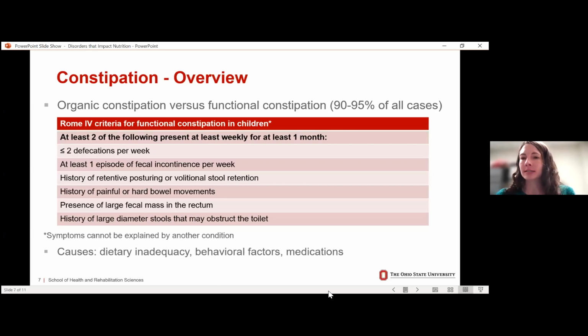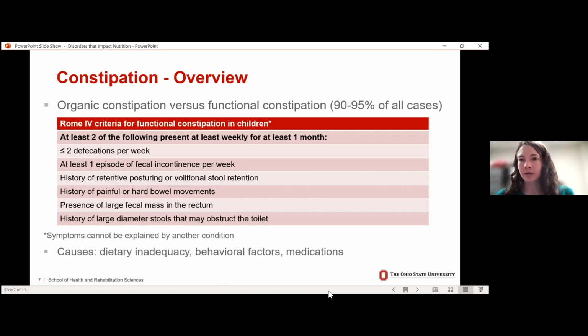A lot of the causes that have been associated with functional constipation include dietary inadequacy, particularly dietary fiber, and also fluid. Those tend to be the major dietary factors that are impacting bowel motility. And then there are some behavioral factors as well.